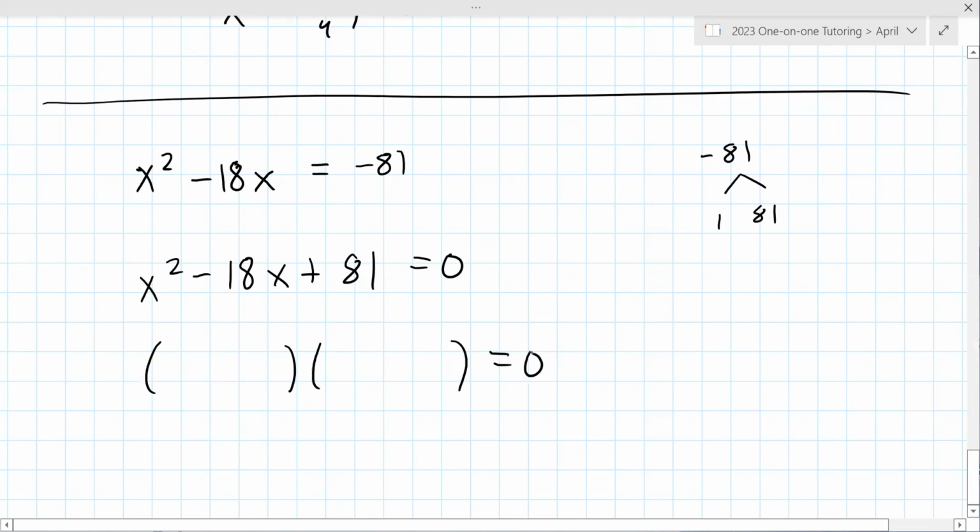Negative 9 and negative 9. So you write x minus 9, x minus 9.